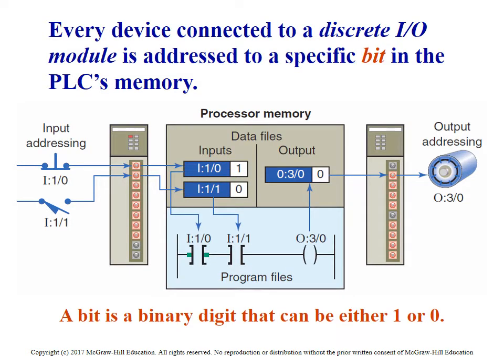Here they're showing how the address ties to a location in the PLC program. So if I tie this to terminal 1, this happens to be slot 1, so I get input 1/0, being input 0, slot 1.